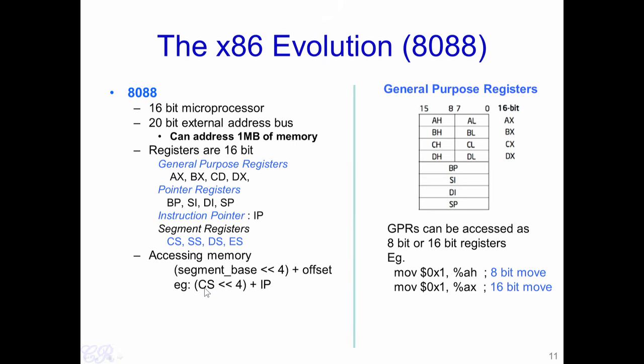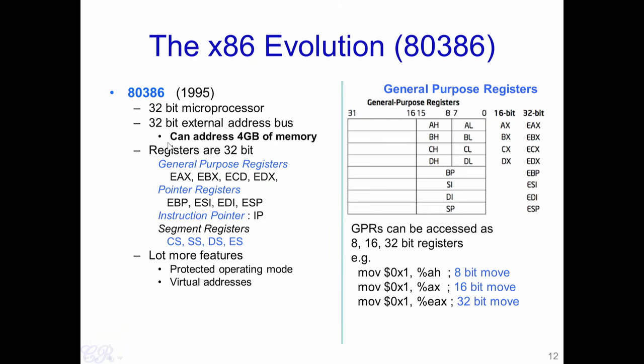So, the CS register would be the base for the code segment. It would be left shifted by 4 and the IP, or the instruction pointer, would be added to that. In this way, even though the registers used are 16-bit, so each of these registers CS and IP are 16-bit, still by shifting it by 4 bits and adding the IP, it was possible to address 2 power 20 memory locations.